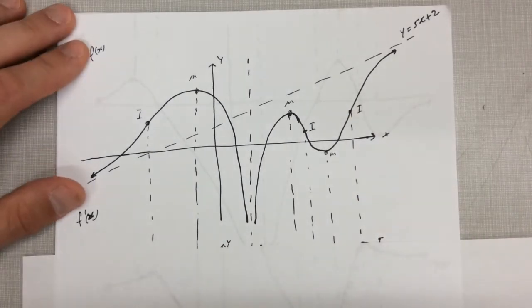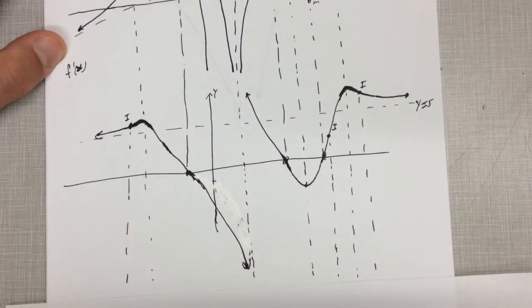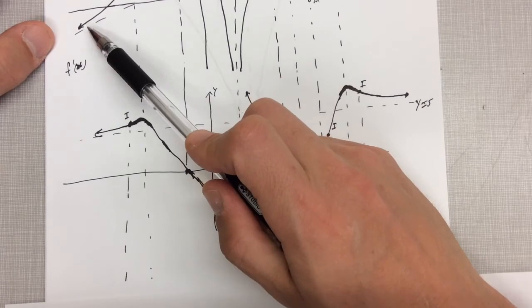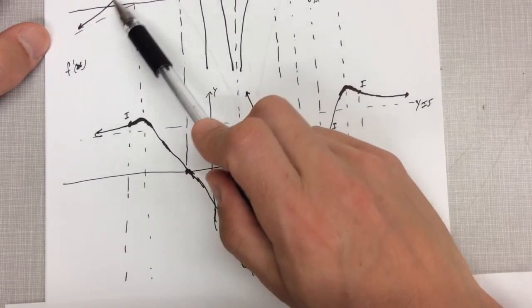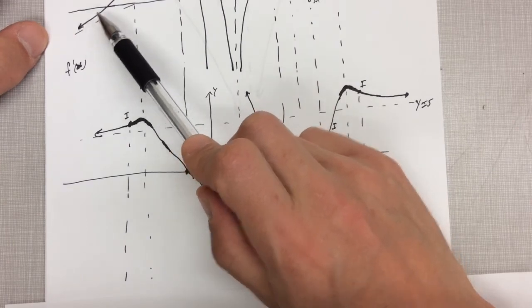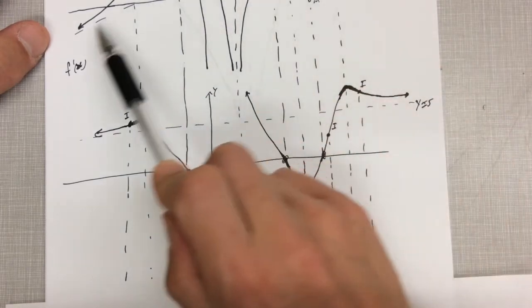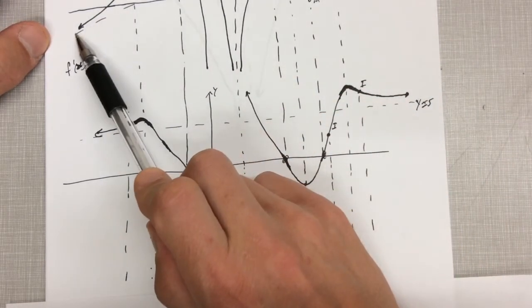So what might this graph of the derivative look like? Well, this is what I've got for you. Slopes of the tangents here. So the slopes of the tangents are reaching a constant here. If they're following this oblique line, then the slopes of the tangents are becoming very close to 5.